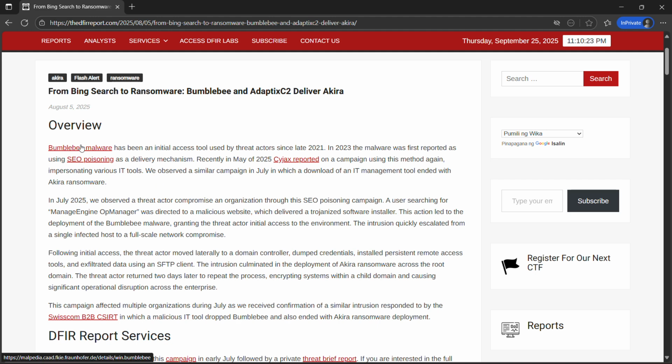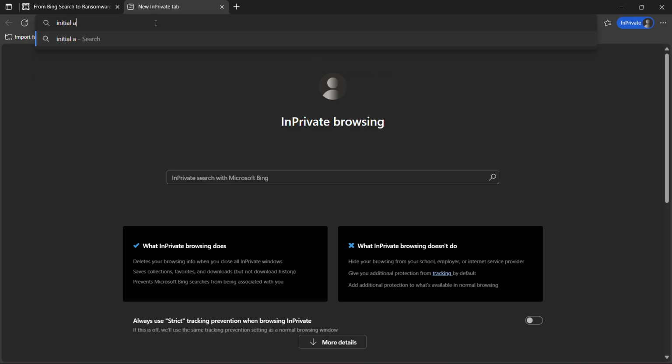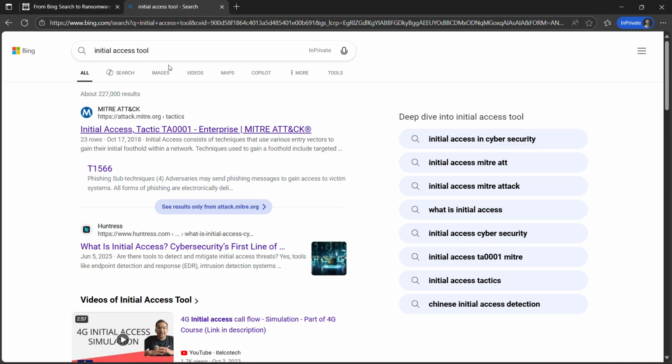So, Bumblebee malware has been an initial access tool used by threat actors since 2021. Initial access tool. So, let's look for that just to clarify what it is.